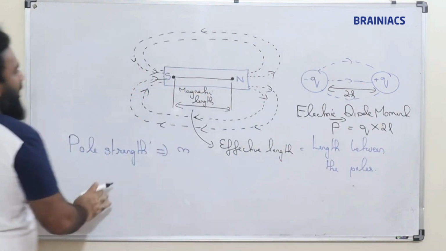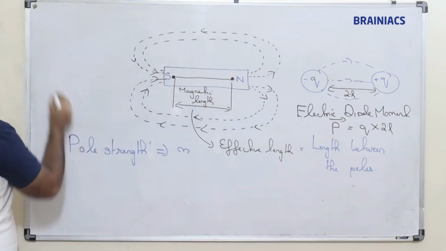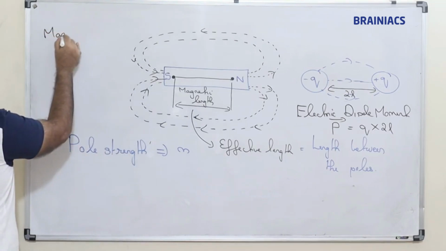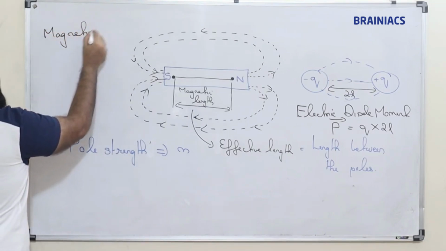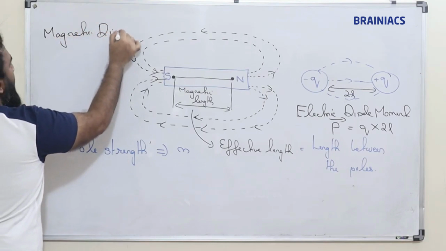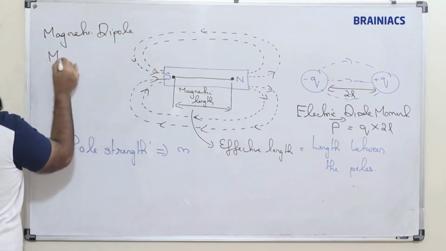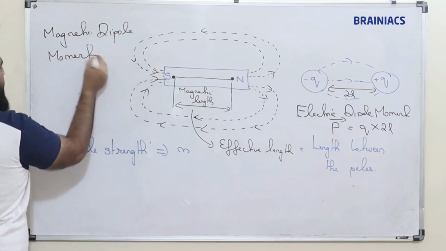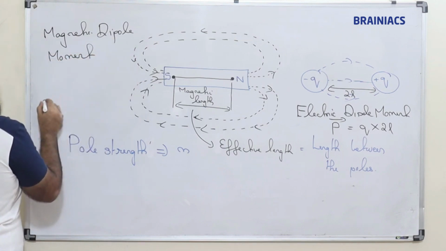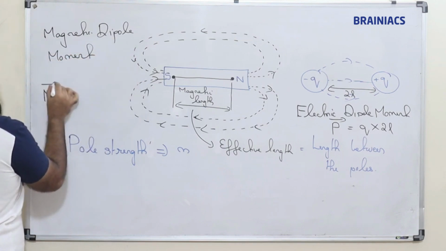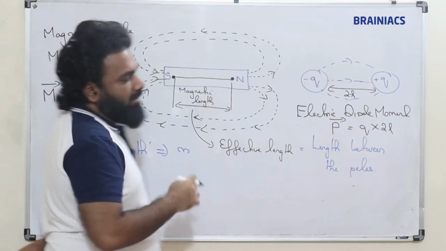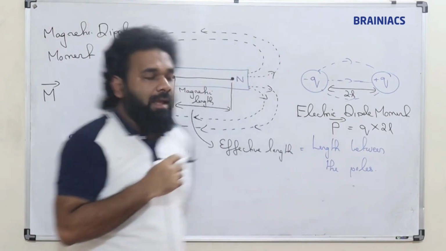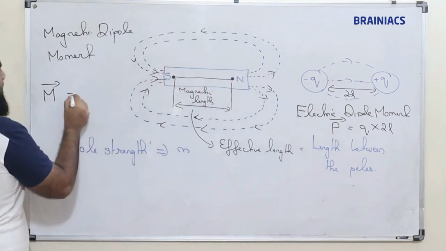Same way here also, here magnetic dipole moment. So instead of P, here magnetic dipole moment is represented as capital M. What will this be?